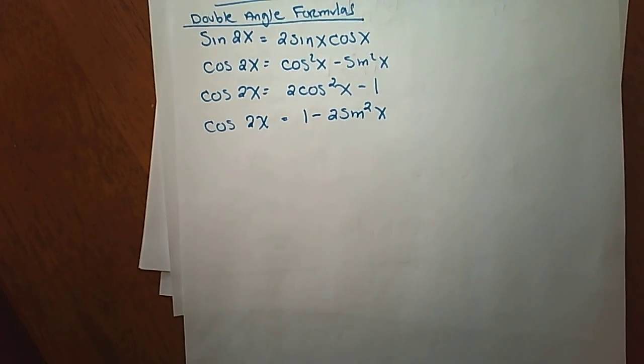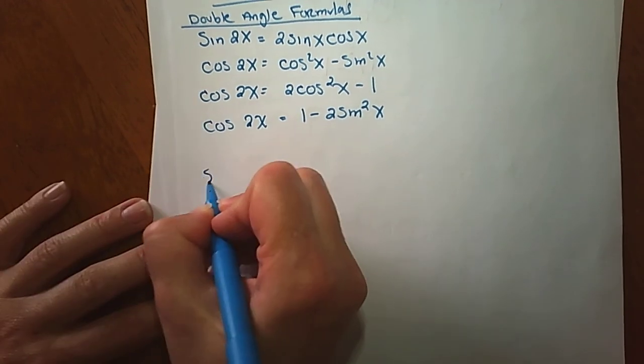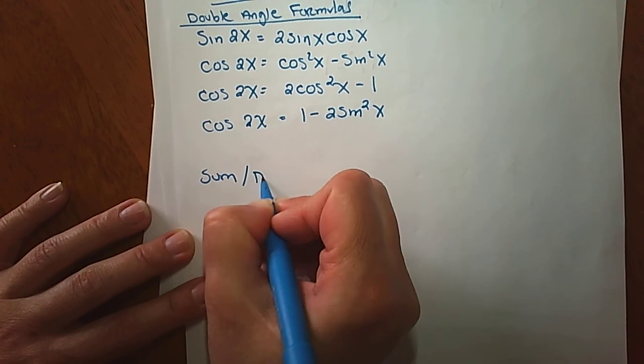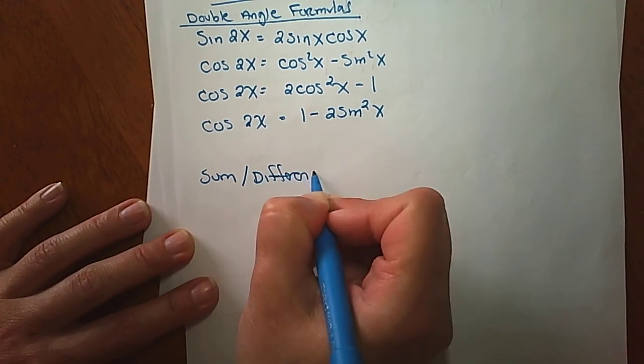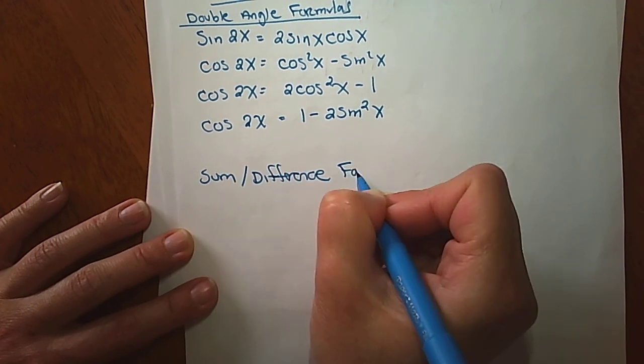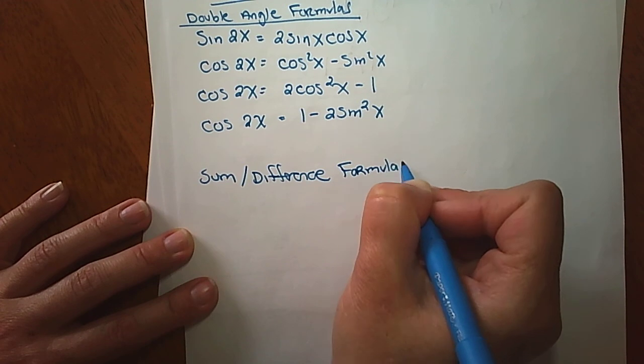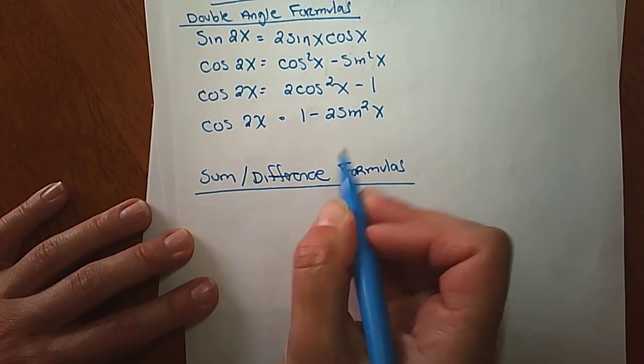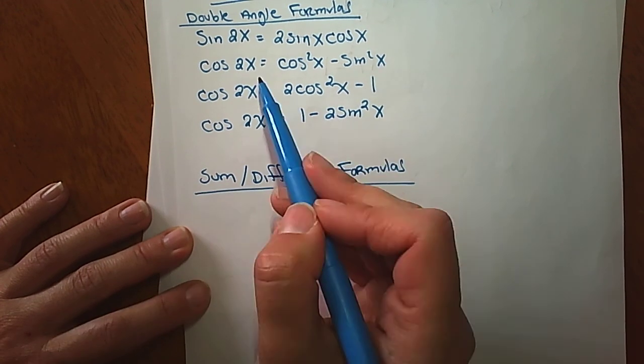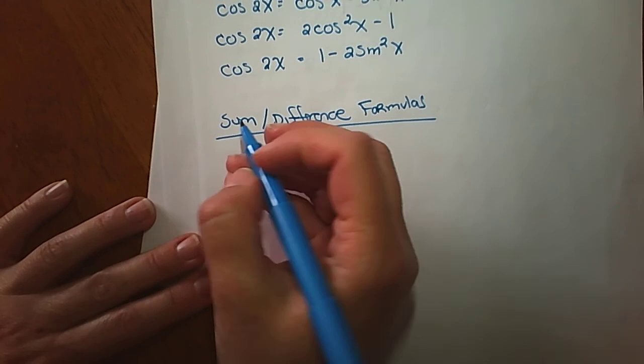Also, what we want to have are the sum and difference formulas. Now, you can kind of get through calculus without these, but you definitely need these for calculus. All right, the sum and difference formulas.